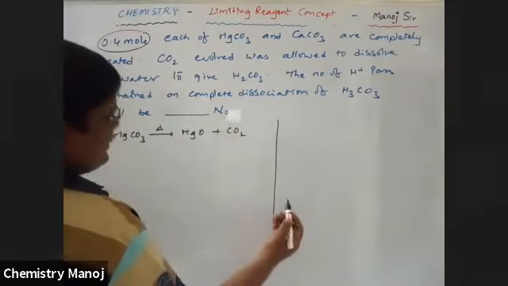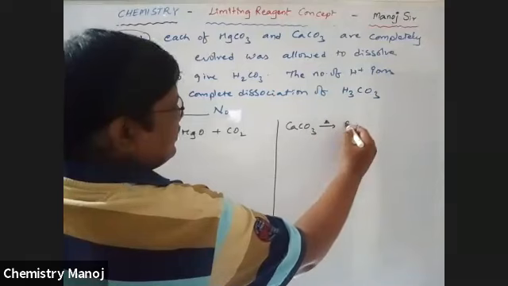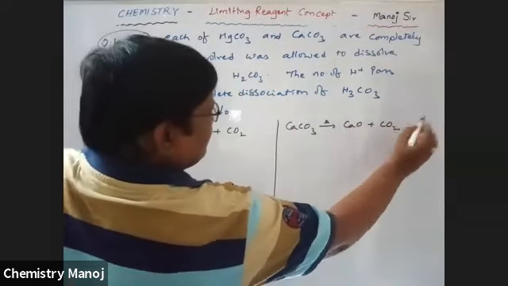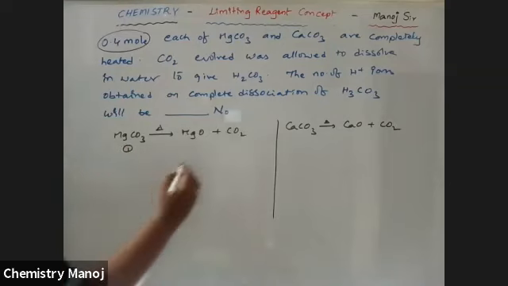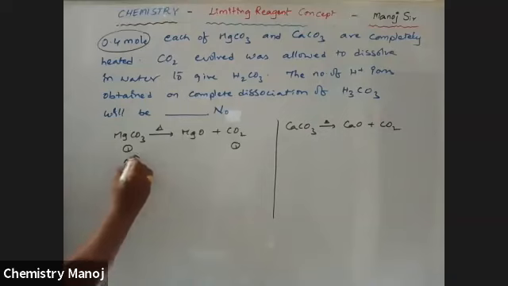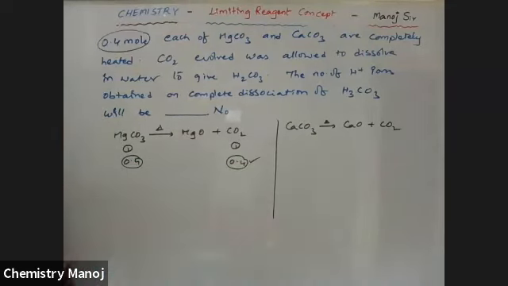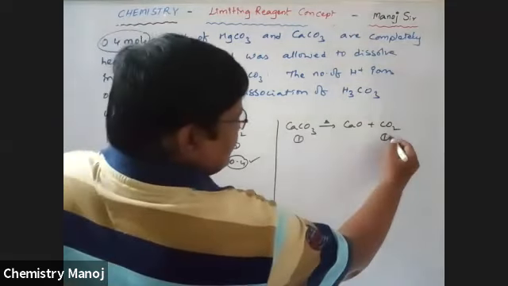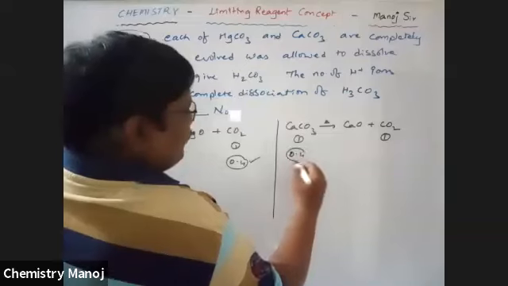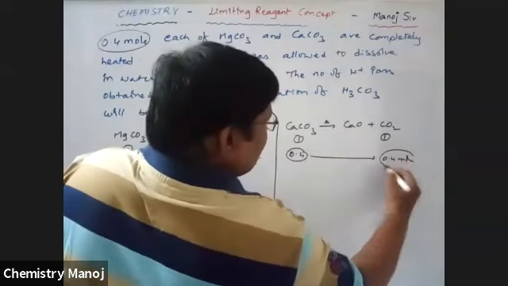Next, in the second case, CaCO3 on strong heating gives CaO plus CO2. 1 mole gives 1 mole CO2, so 0.4 moles gives 0.4 moles CO2. Similarly for the next one, 0.4 mole CO2.